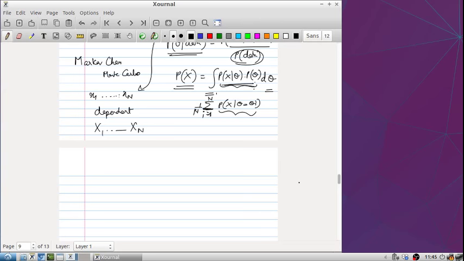So a Markov chain is basically some kind of sequence. Let's say, in this case, they're random variables. In fact, x1 to xn are random variables. First, let's understand what the Markov assumption means. Why use the word Markov?